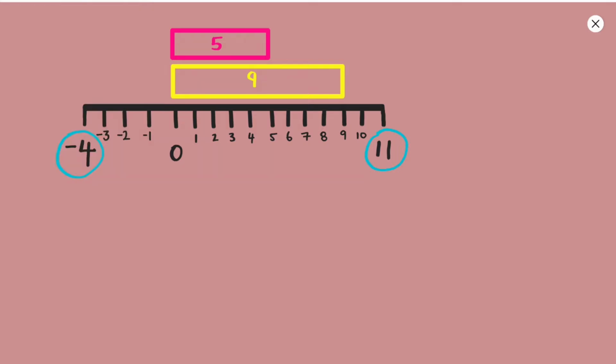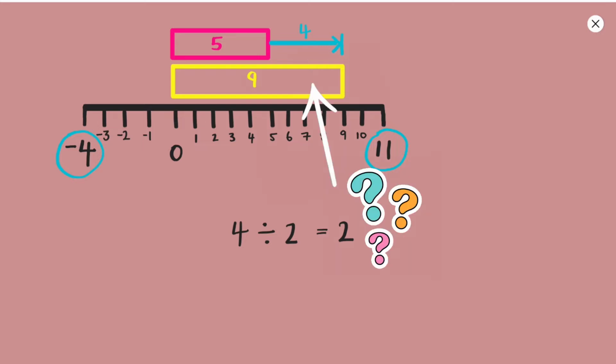You might seek to find the difference between the two, given here by the 4 in blue. And we know that the difference between them should be halved, split down the middle. Alright, so are you thinking that 2 is the midpoint?